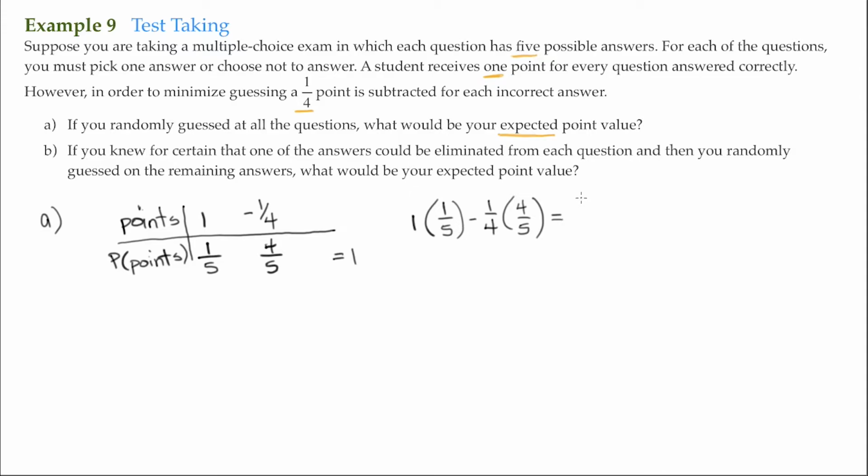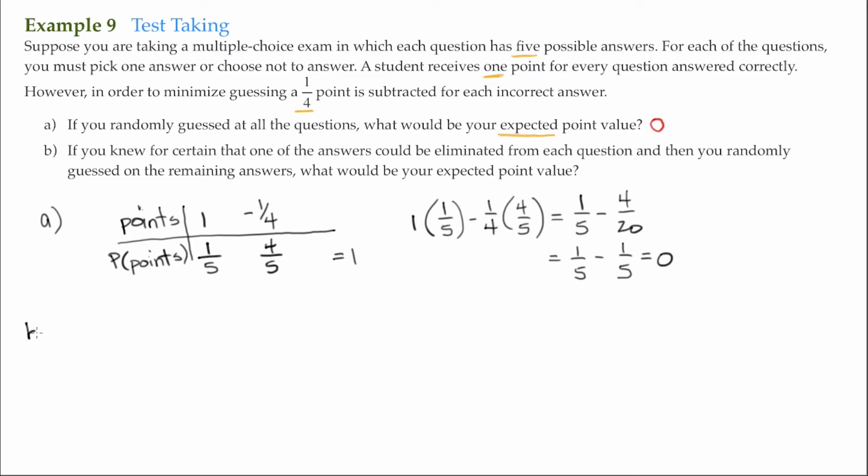This is 1/5 minus 4/20, and 4/20 is also 1/5. So if you are going to randomly guess throughout a test, that's going to penalize you 1/4 point for every incorrect answer. You can expect not to make any points on any of the questions in the long run.